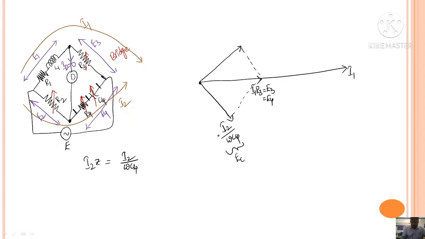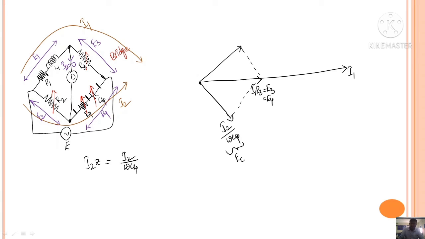The voltage drop across the capacitor must lag the voltage drop across the resistor by 90 degrees, because the current flowing through the capacitor, which is the same as the current flowing through the resistor R4 here, must lead EC by 90 degrees.